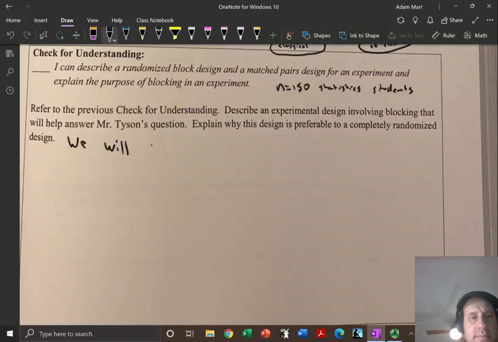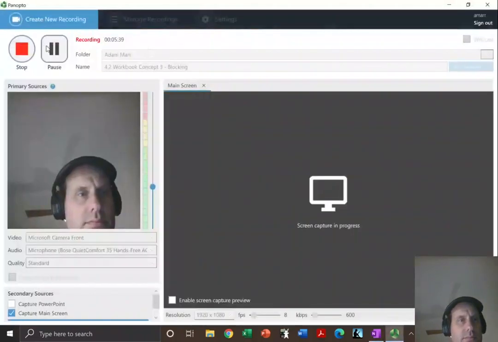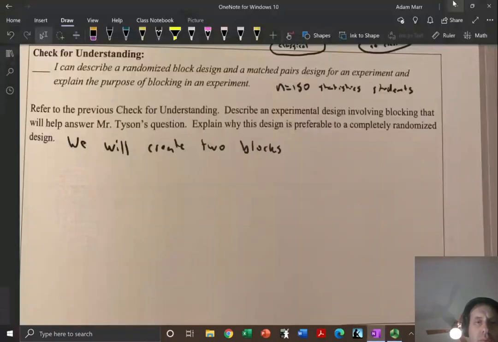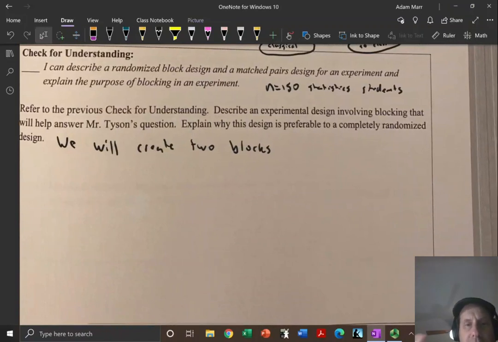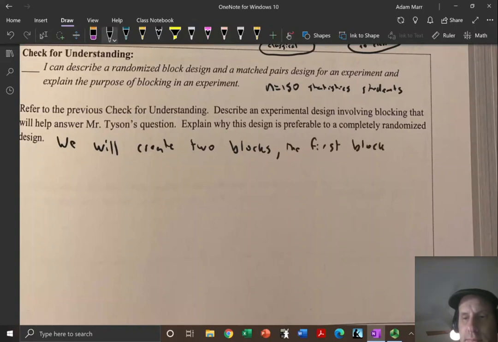Okay. So right here, we will create two blocks, and what we're going to do is, first block will contain students who are knowledgeable about classical music.